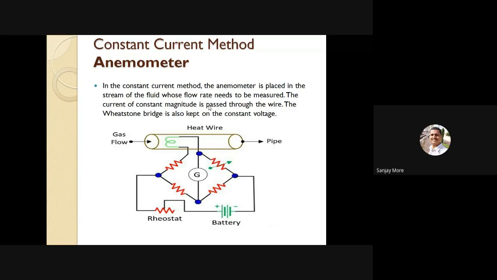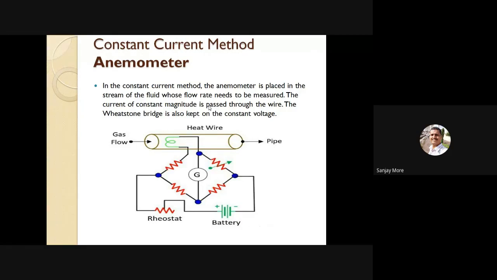So write down, in constant current method, the anemometer is placed in the stream of fluid whose flow rate needs to be measured. Full stop.